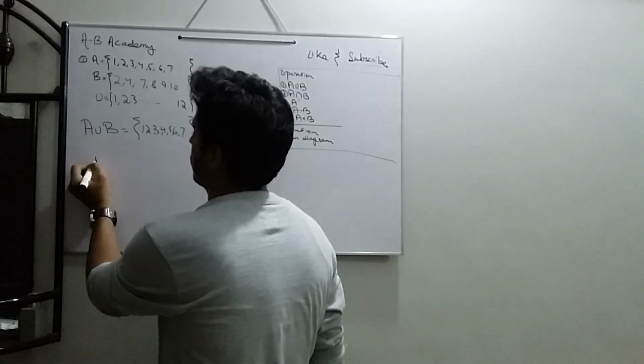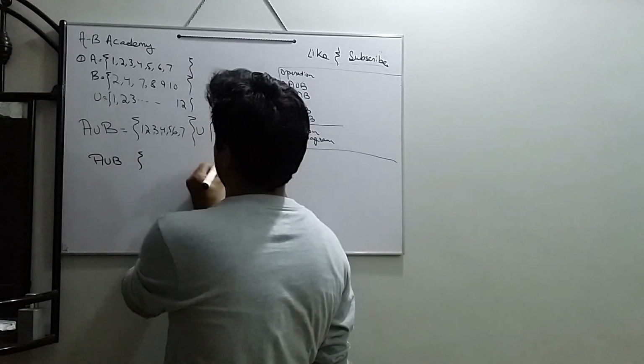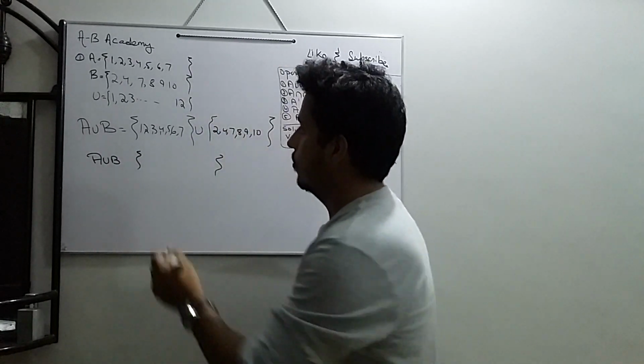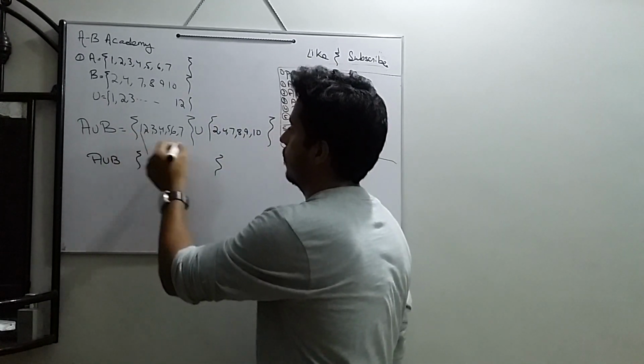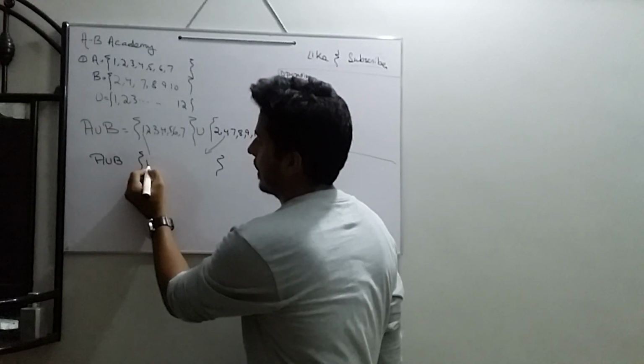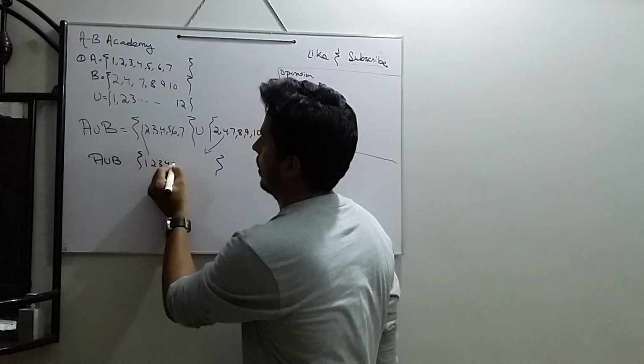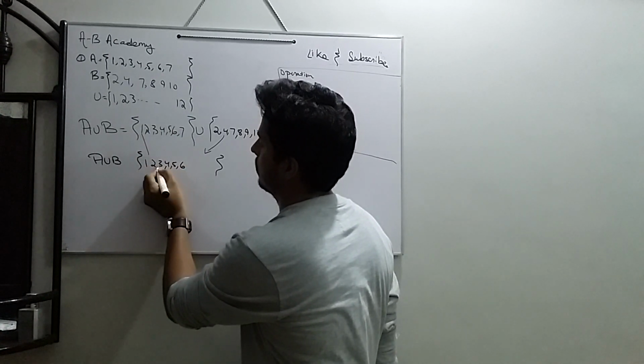We will just write down the elements of A and elements of B as I am doing it right now. 1, 2, 3, 4, 5, 6.